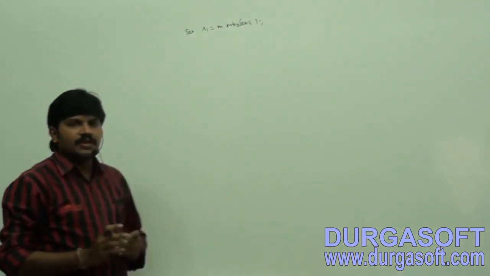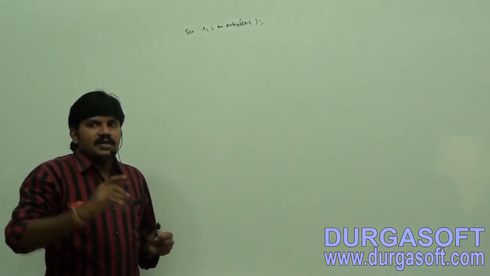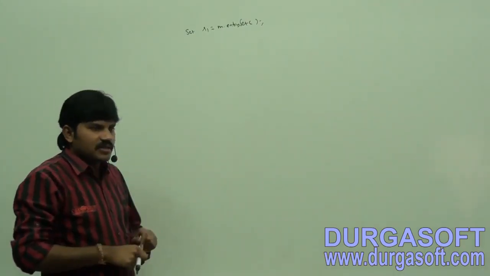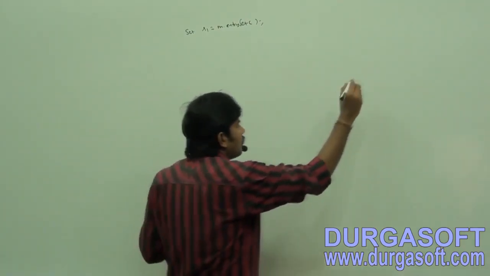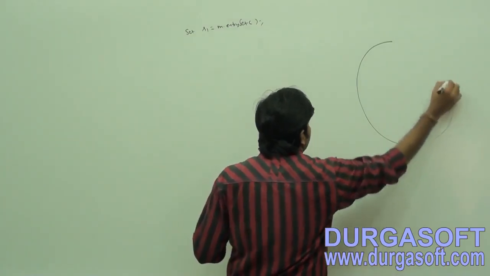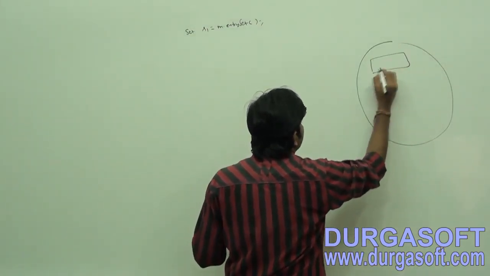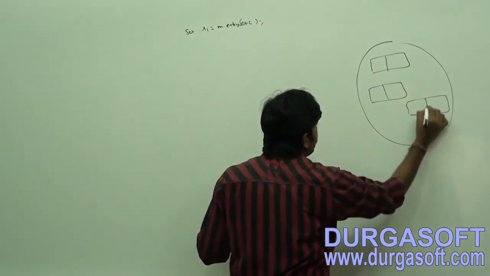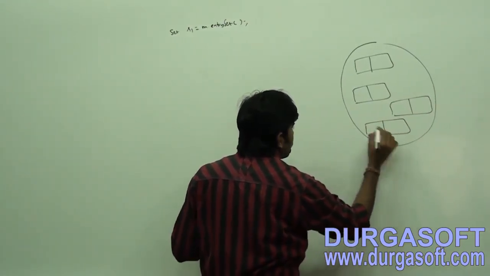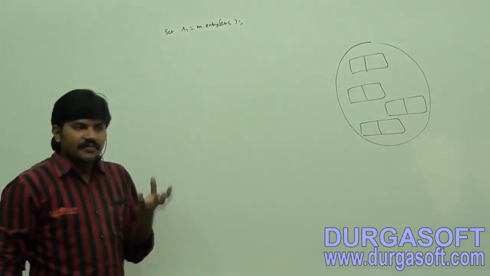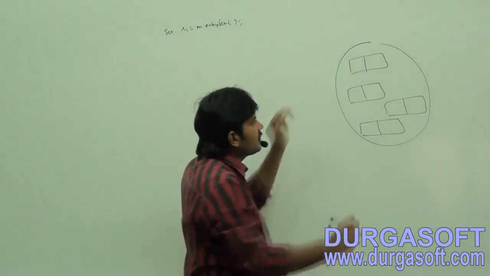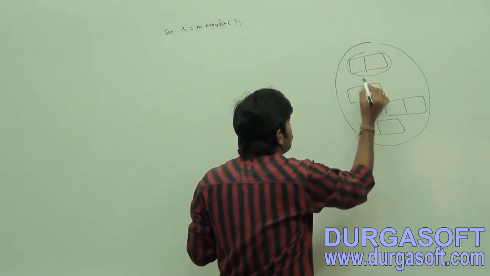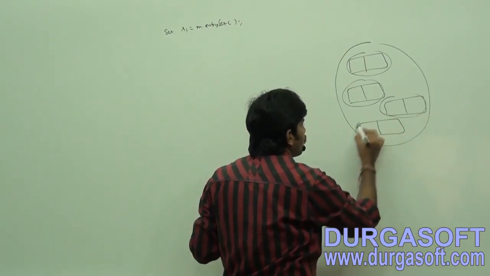So the set of entries I got. Now assume it is my set. First entry object, second entry object, third entry object, fourth entry object I got. Correct or not? Set of entries. Each entry itself is an object: first object, second object, third object, fourth object.